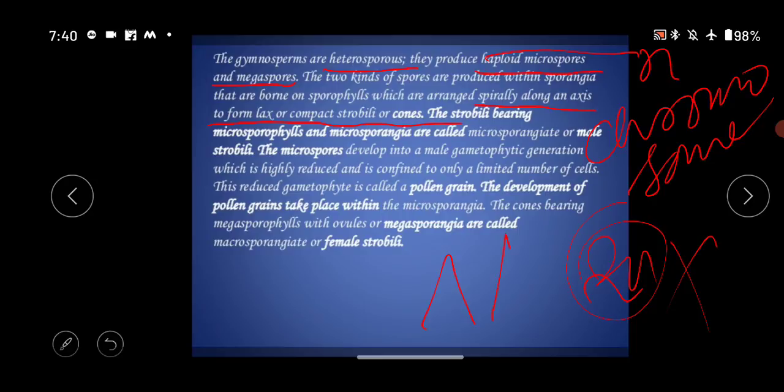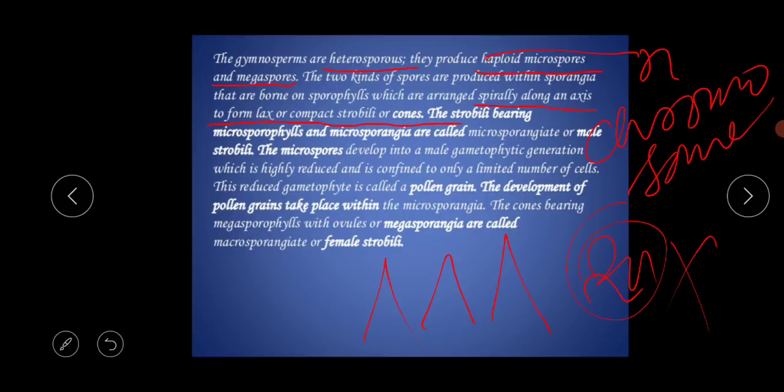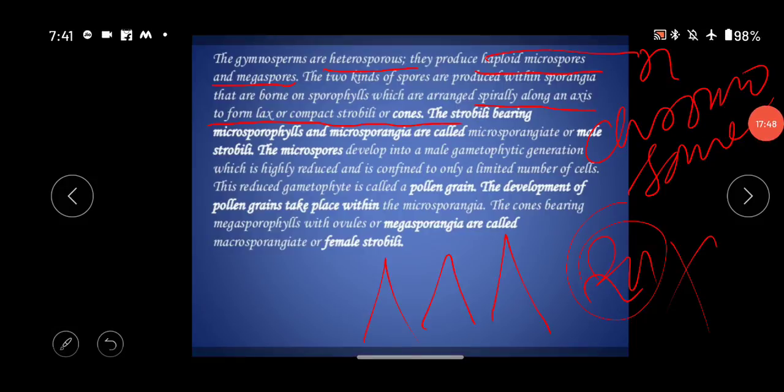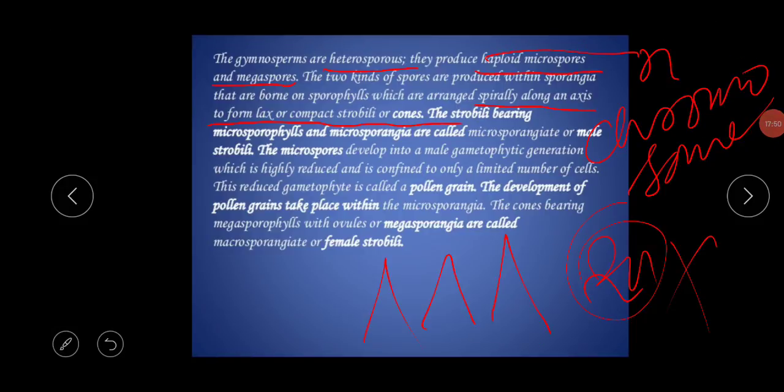This cone-like structure is why it is called compact strobili or cones. The strobili bearing microsporophylls and microsporangia are called microsporangiate or male strobili.